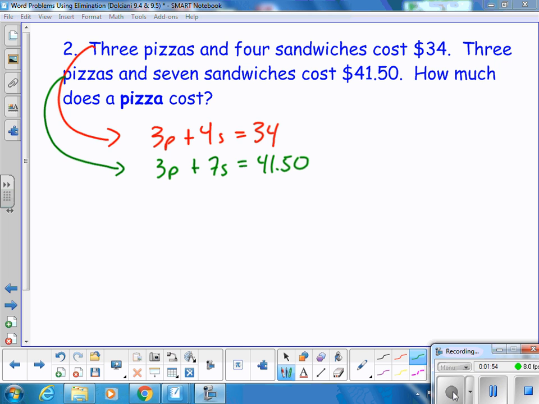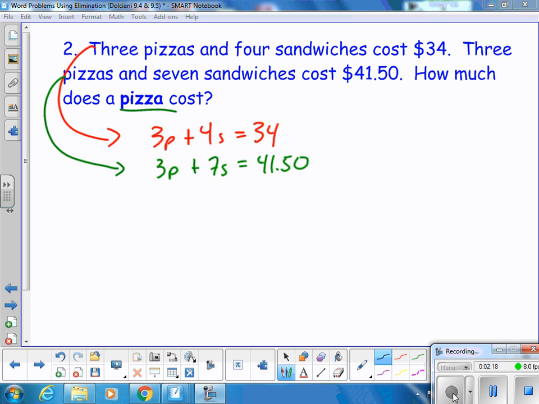These are my 2 equations. Press pause and do some elimination here to solve for pizzas and sandwiches. Ultimately, we're looking for the cost of the pizza, so make sure we answer the question we're looking for.